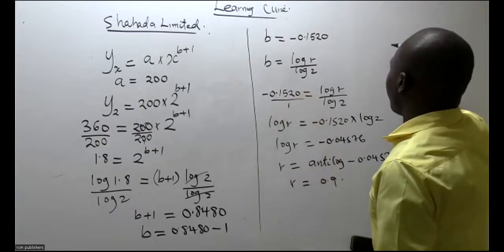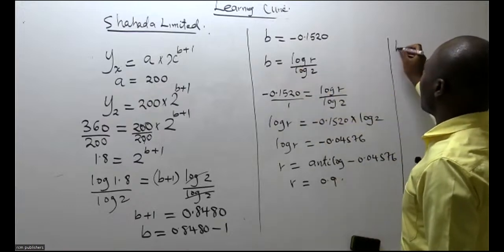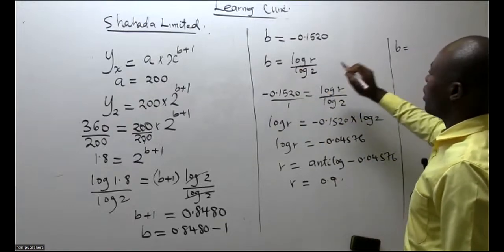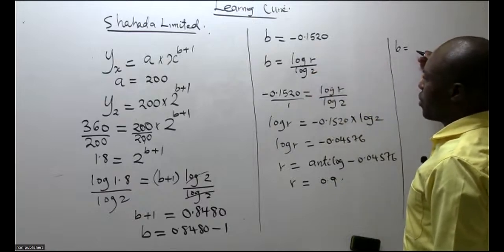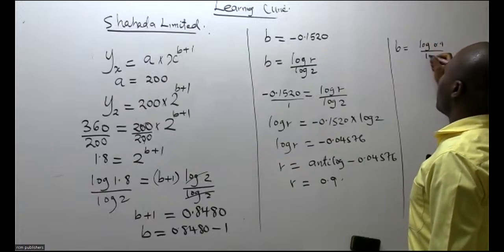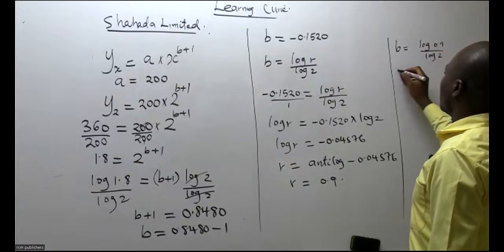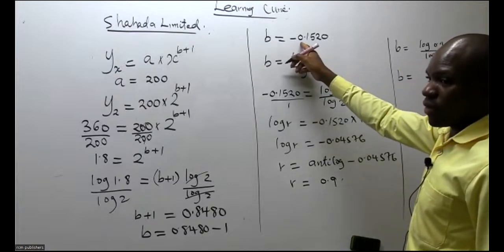You can even confirm. Remember how you are getting B, we were saying, just take your log: log 0.9 divided by log 2. Then confirm if you're getting the value of B as this one here.